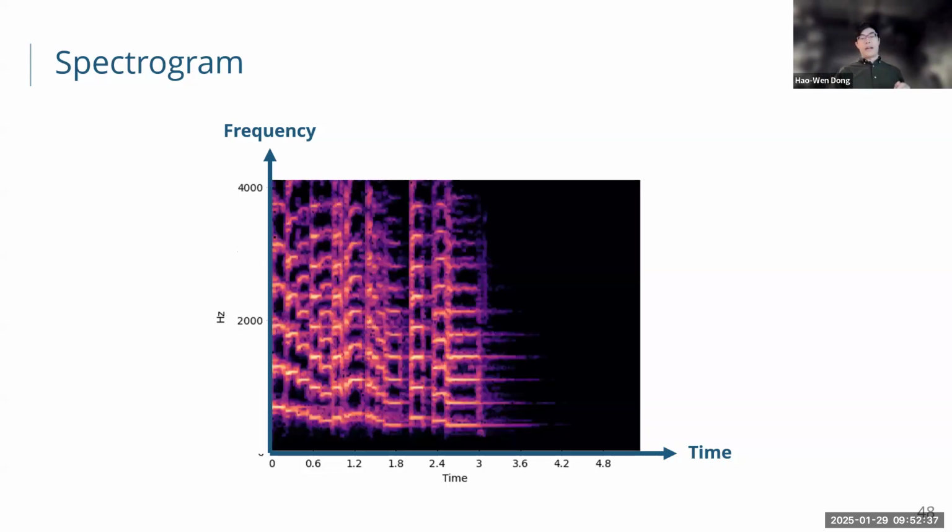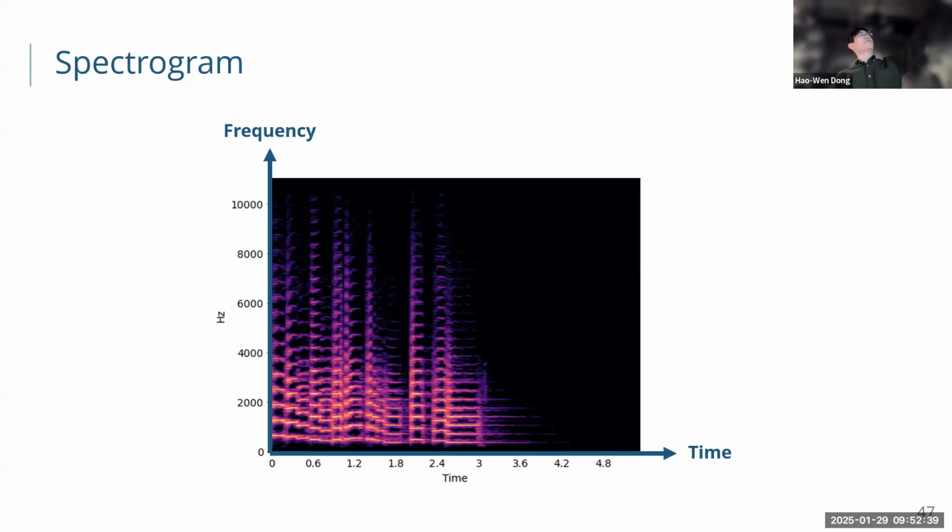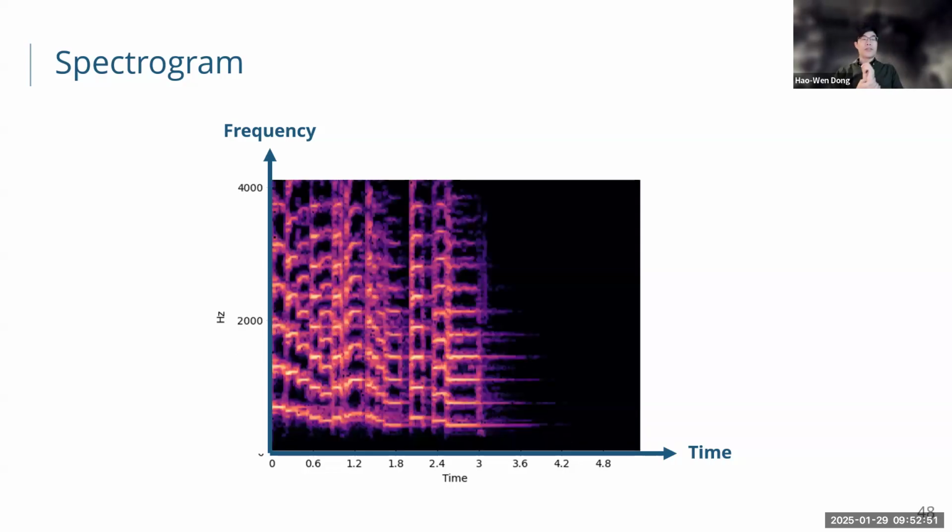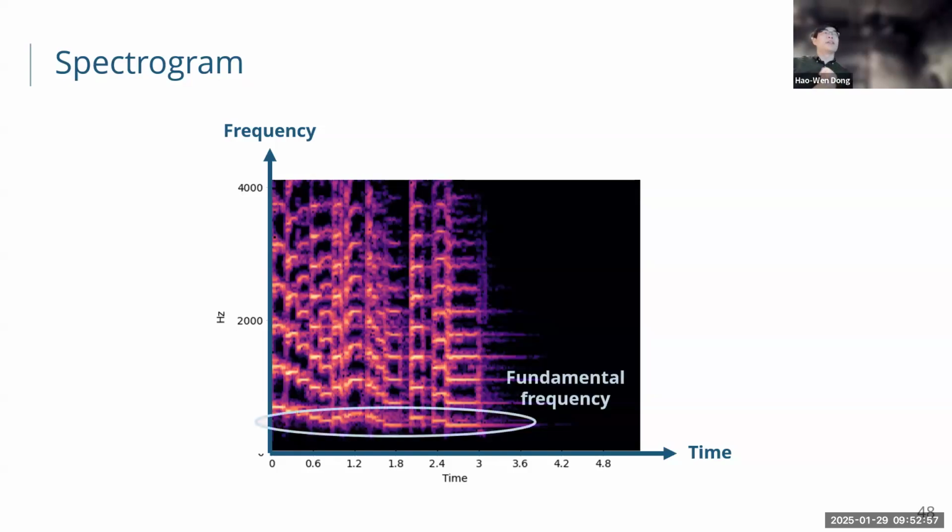if you zoom it up, this is from 0 to 11K-ish. So this is the pitch range. And if you zoom in from 2000 up to 4000 hertz, you will see the fundamental frequency. So you can get a sense of that pitch contour there.